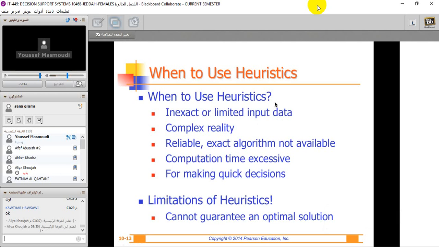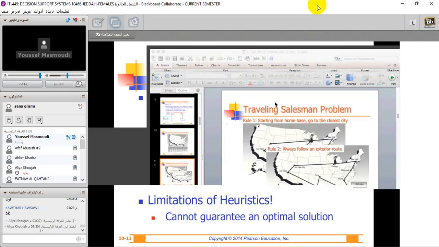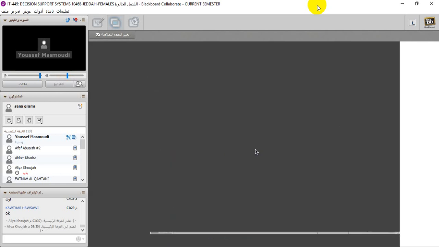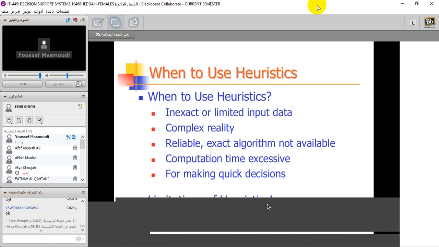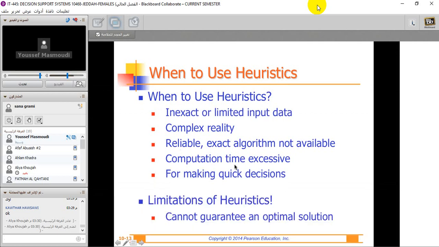When you have a complex reality and a reliable exact algorithm is not available, sometimes exact algorithms are not easy to use. Computation time is excessive, like the example we saw with 20,160 solutions, the computation time will be very costly. And for making quick decisions, you may use heuristics.